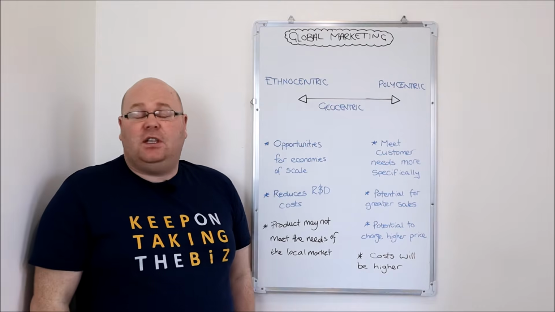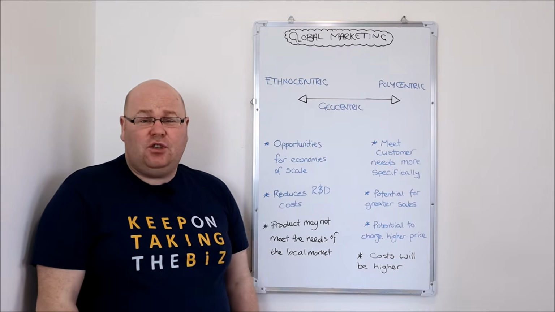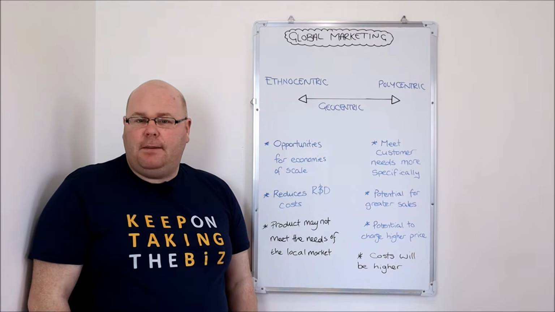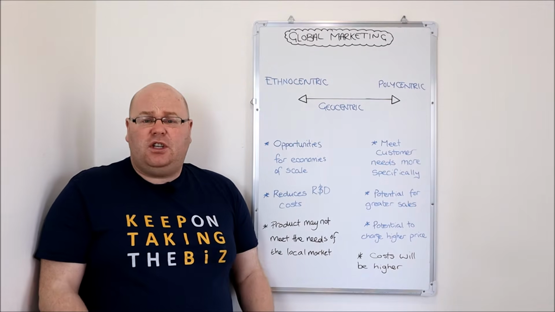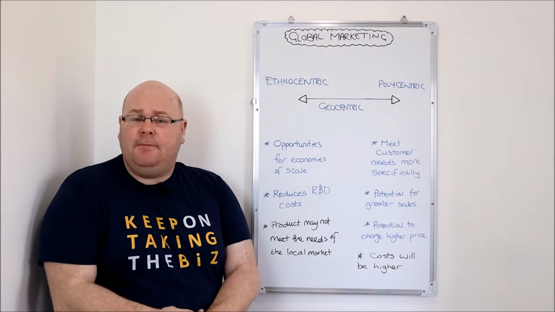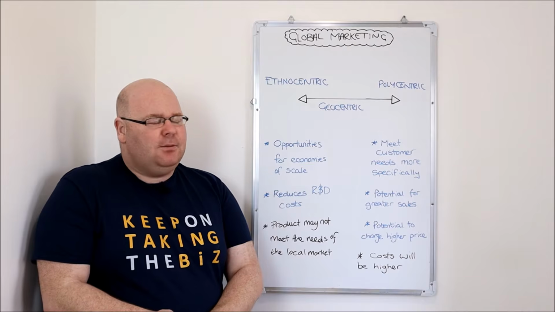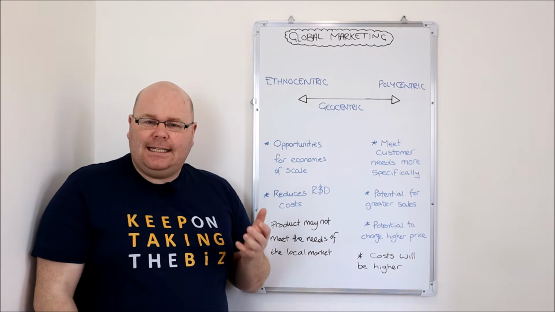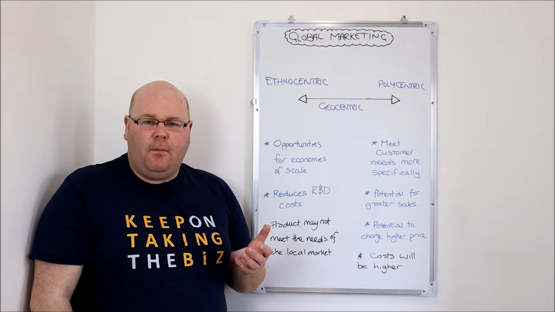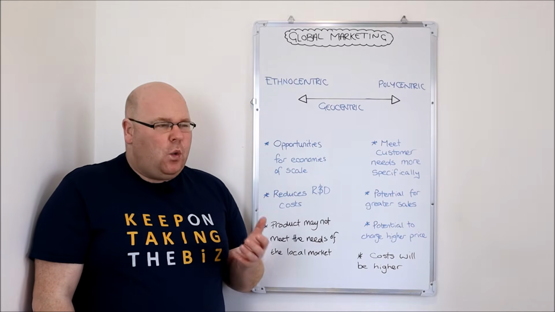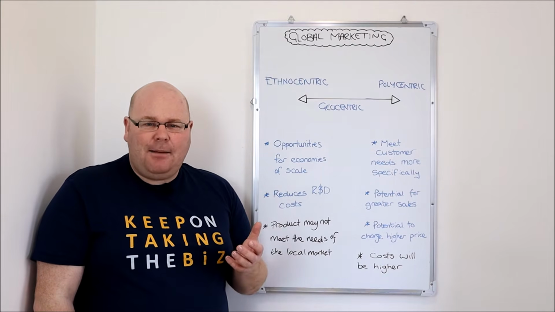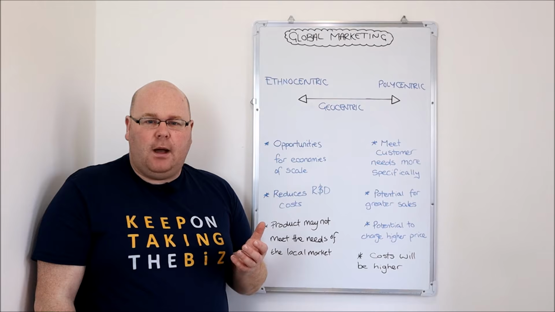Now, there are some firms that very successfully use this strategy. Microsoft might be a good example with products such as Windows, or particularly with products such as the Xbox. That product is standard. It's uniform. Microsoft don't tweak or change or adapt that product for the needs of the local market.